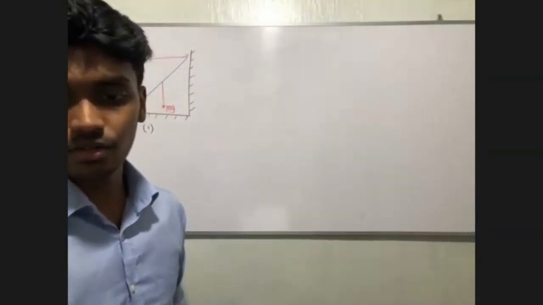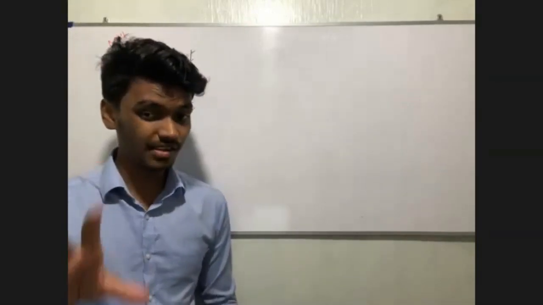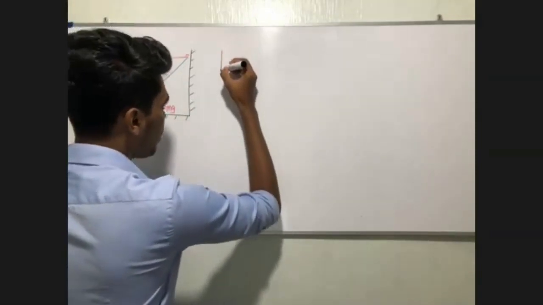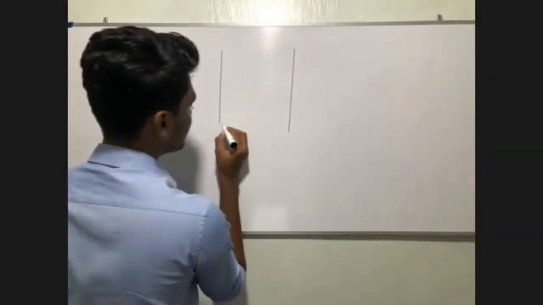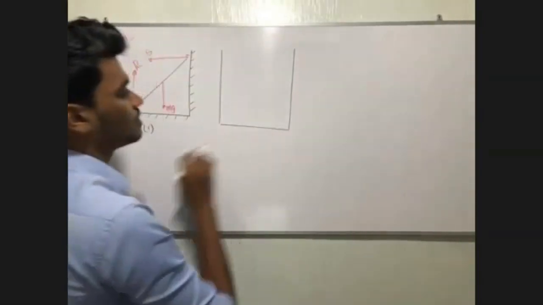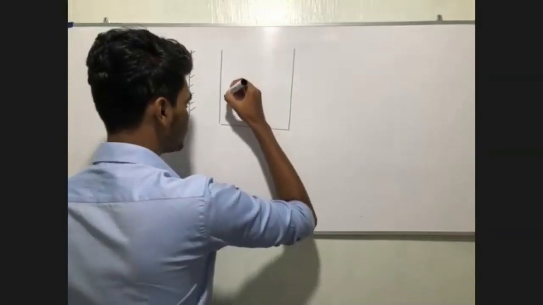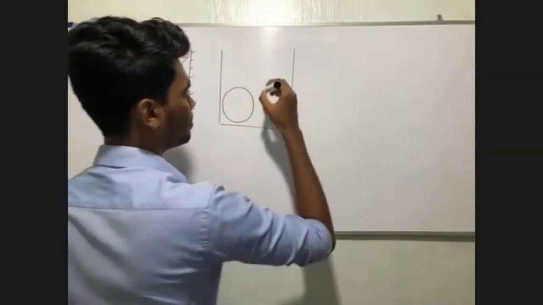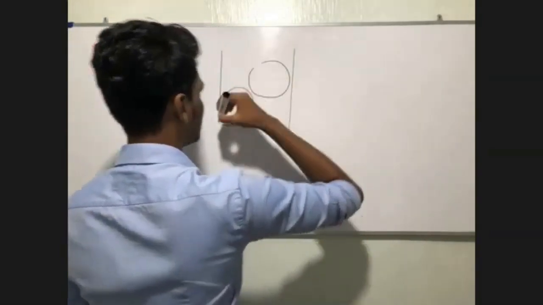It will be somewhat tricky. The second one, we need to analyze it well, right? There is a ball here, another ball here.